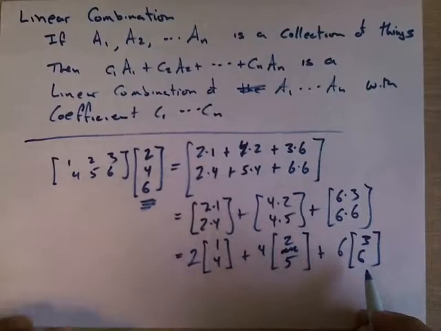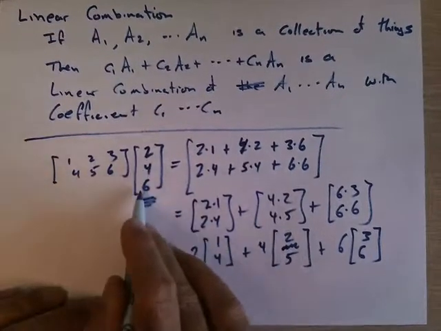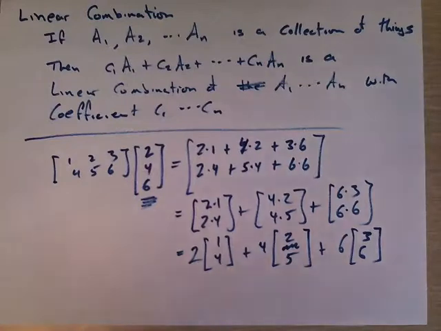So I have a linear combination of the columns of this matrix where the coefficients come from the entries in the second matrix. And they have a theorem that states something to that nature. Part of it is just trying to visualize how this is being done.